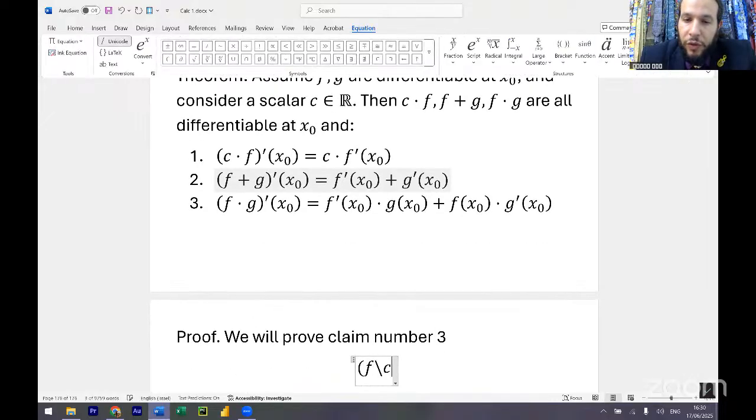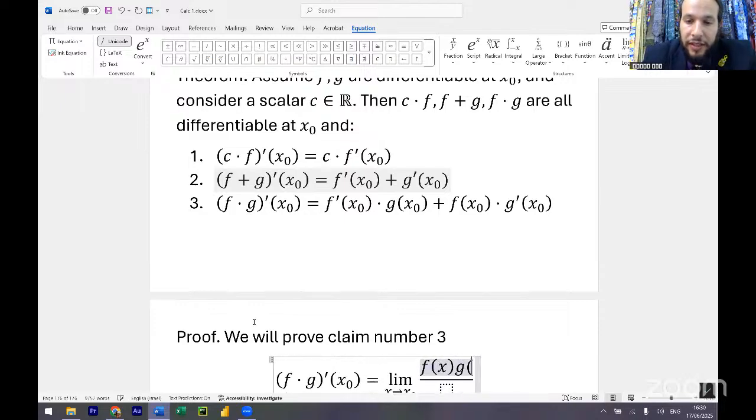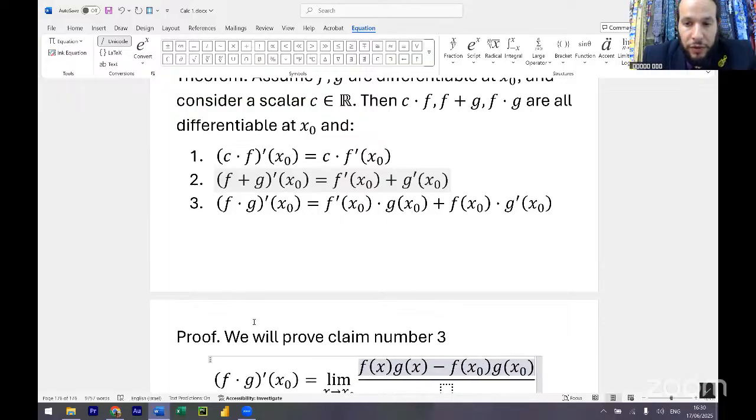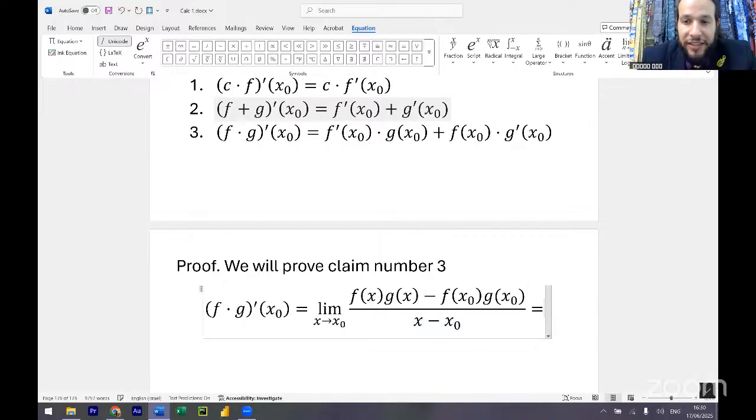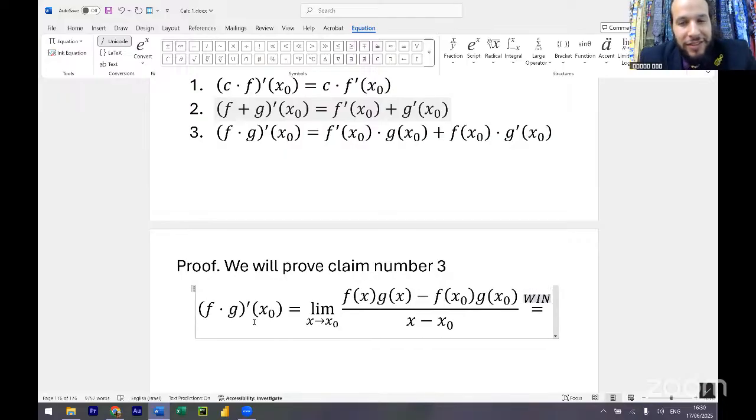So what is the derivative of f times g at x0? By definition, it's the limit as x goes to x0 of the product at x minus the product at x0 over x minus x0. And now the wouldn't-it-be-nice is a bit harder, but we did the same sort of steps a long time ago in a galaxy far, far away.